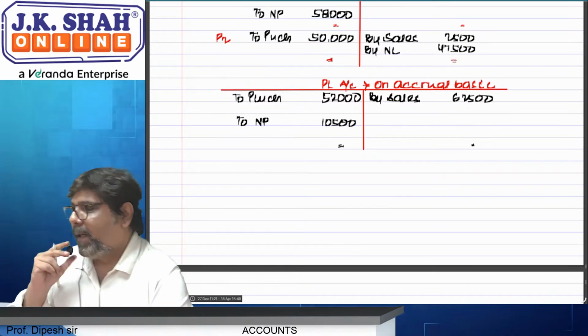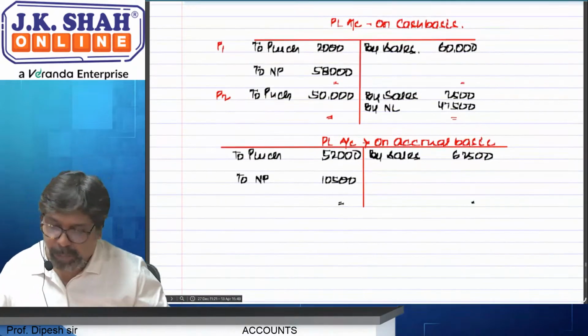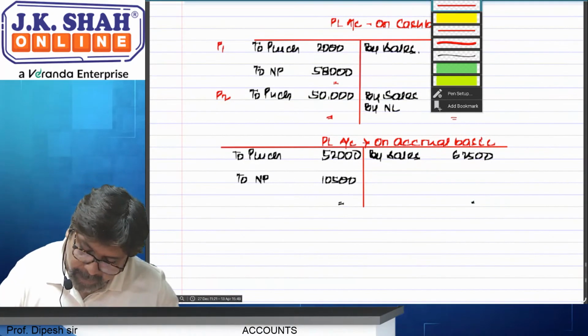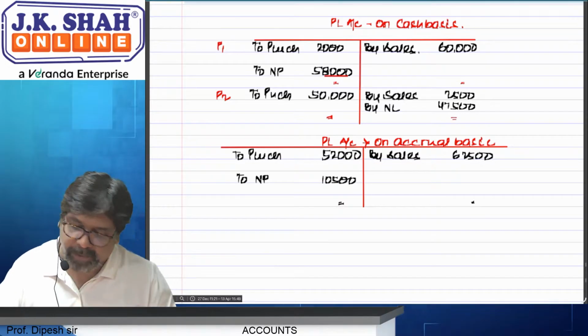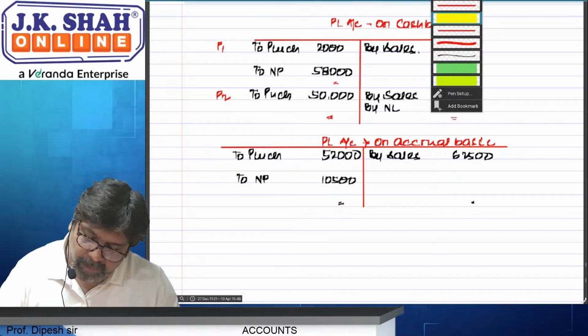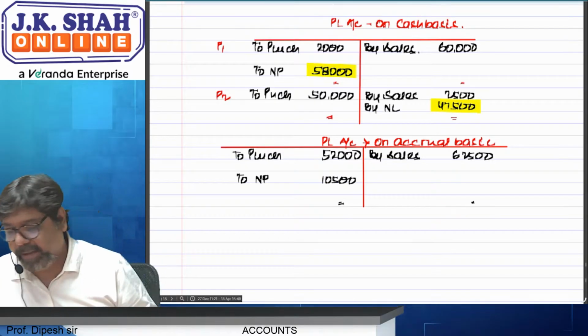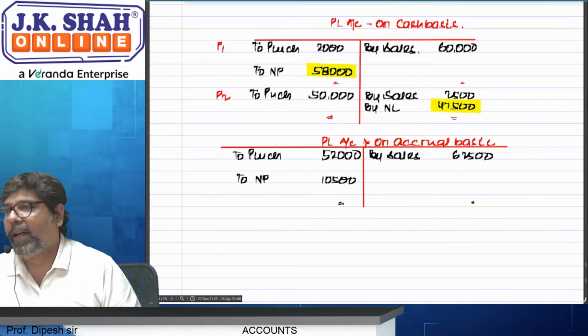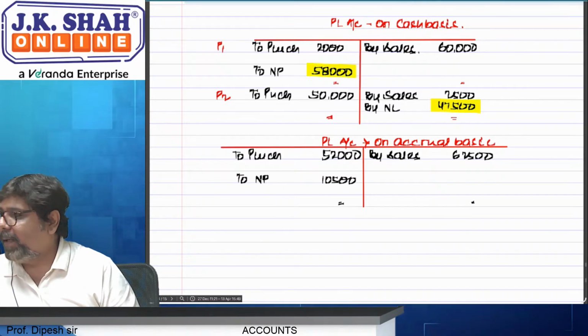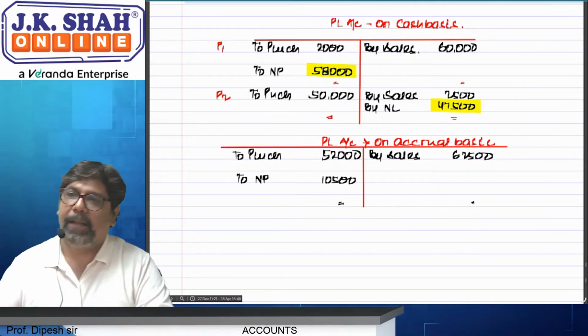Correct? Now chartered, eyes on the board. First year I showed a profit of 58, second year I am showing a loss of 47,500. Net impact is how much? 10,500. Don't you think accrual basis is better method?